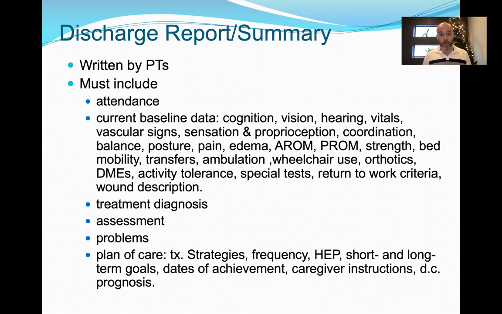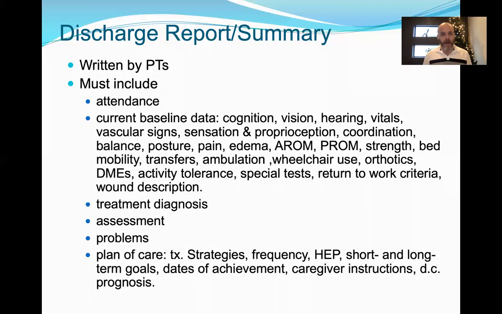If they're an ambulatory patient, how well they walk, if they've got any what we call gait deviations, which are things wrong with your walking, we'll name those things. Orthotics or braces. DME is durable medical equipment, any medical equipment they have to take home with them.